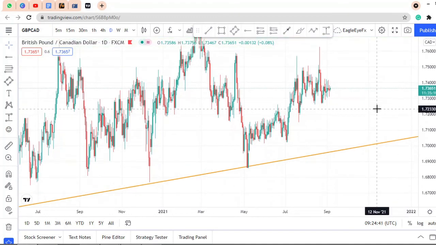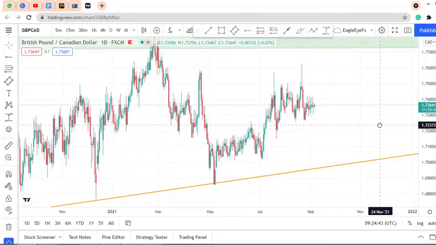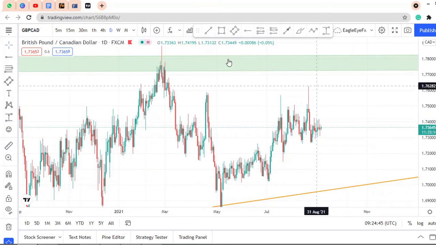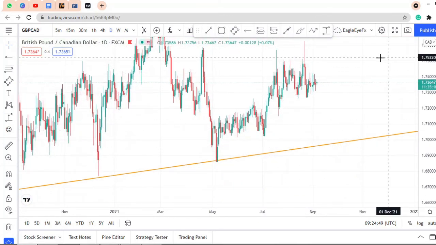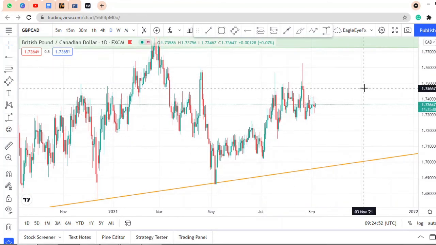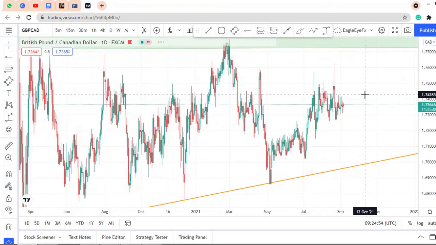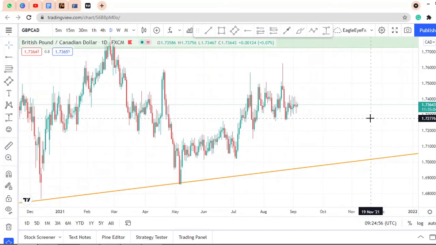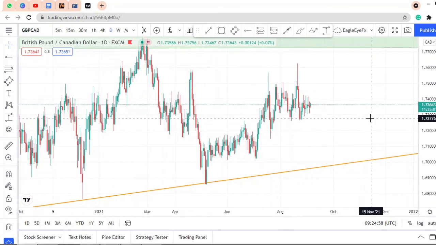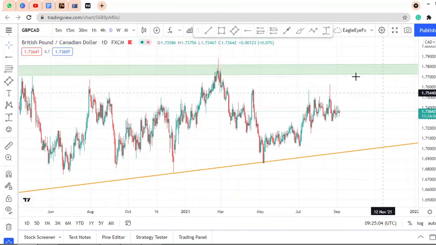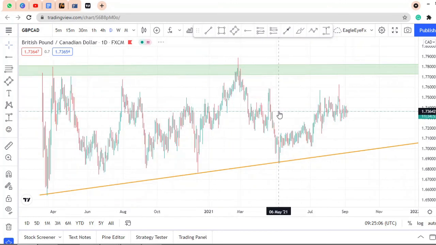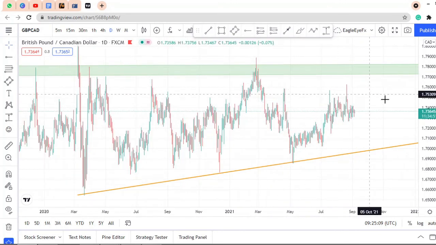And on the daily time frame, you can see again a lot of consolidation on GBPCAD. Okay, so it's not giving us a clear direction, but we can try and see if you can analyze it.